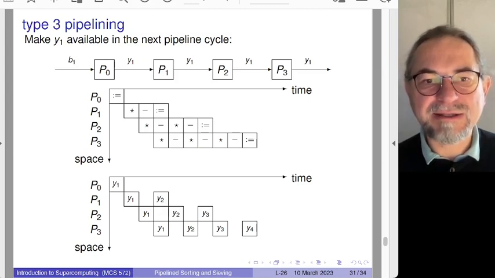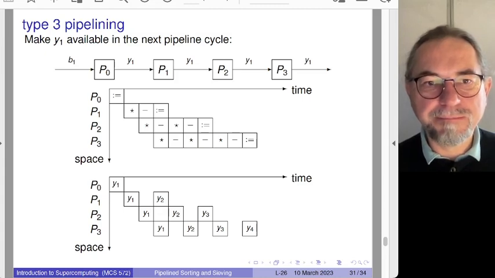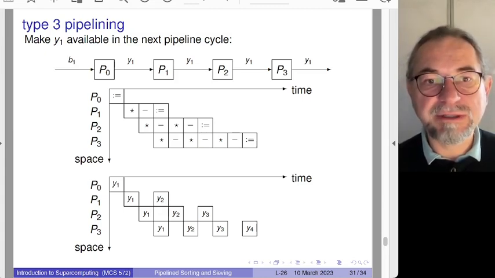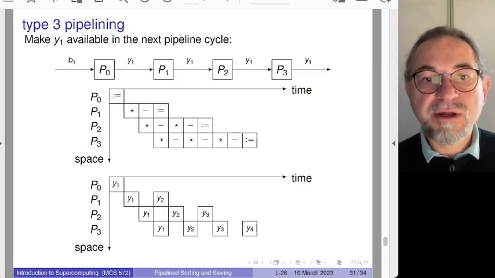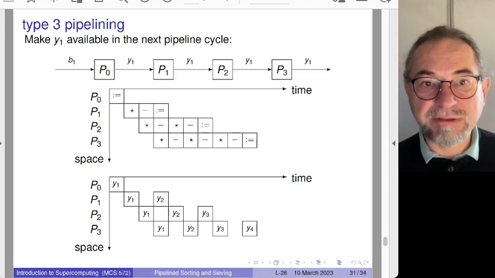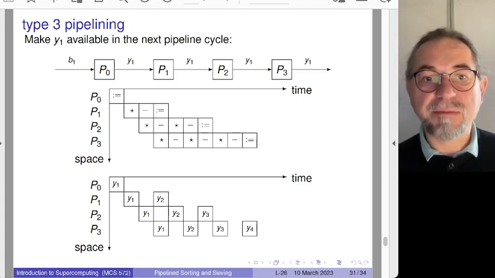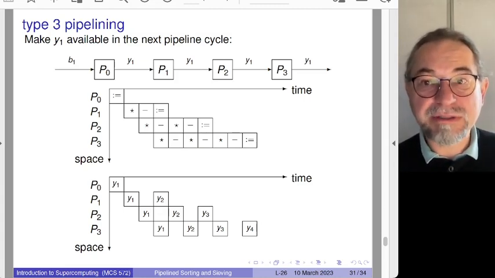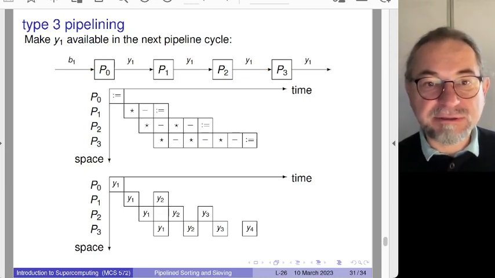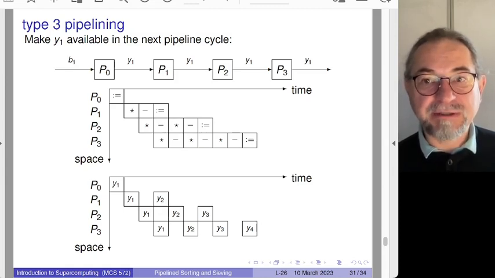As soon as y1 is received by P1, then P1 can already do one multiplication. P1 also sends y1 on. So in the next step, the multiplication is executed by P2. So there is this starting of the updates.